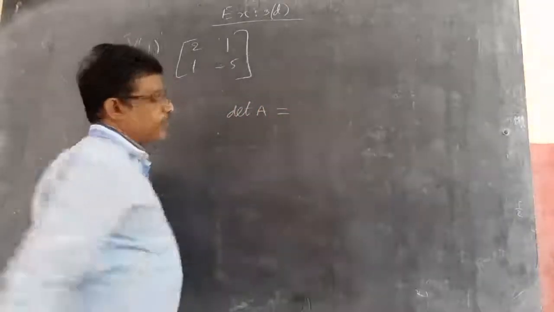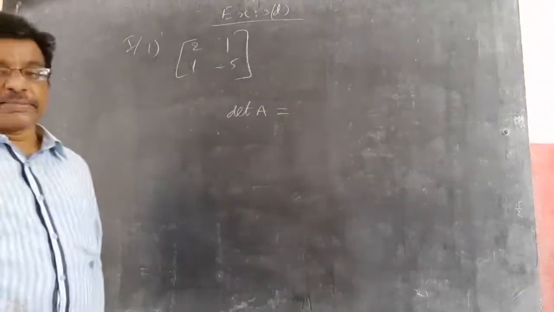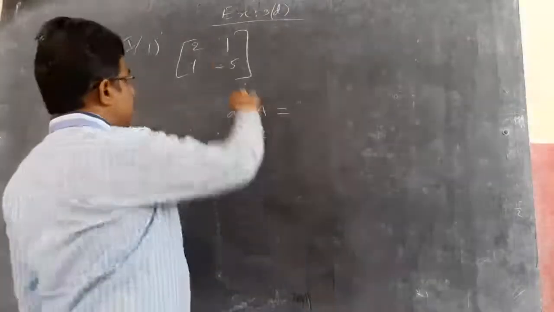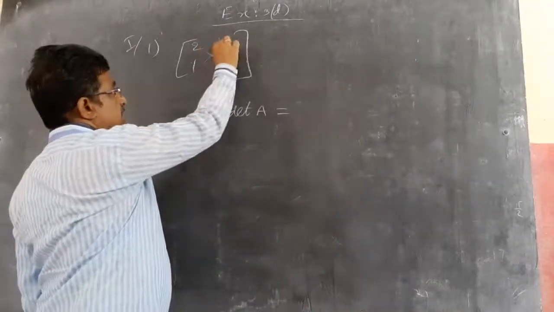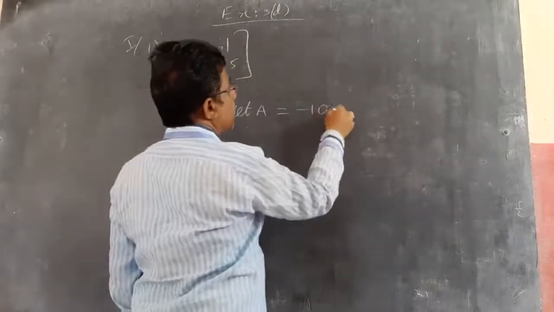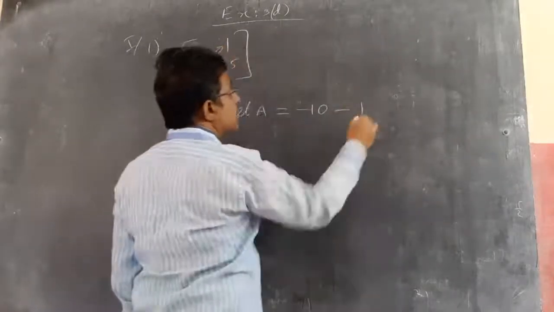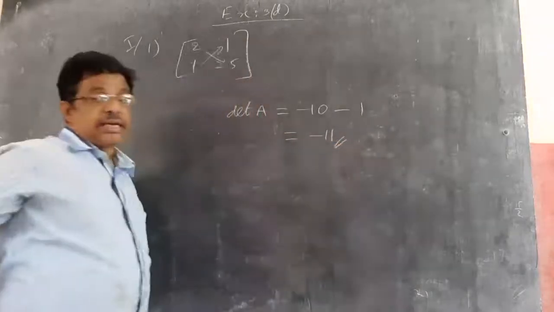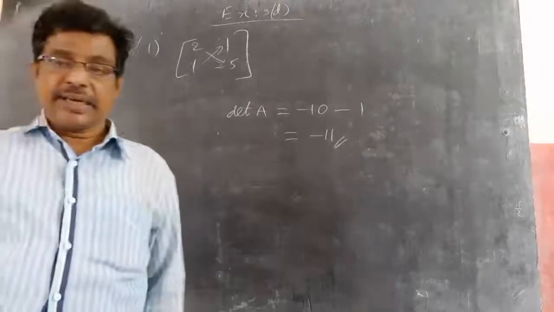For a 2 by 2 matrix, the determinant is AD minus BC. A simple technique: this into this, minus this into this. So 2 fives are 10, minus this into this, 1 into 1 is 1. So 10 minus 1, minus 11 is the determinant value.